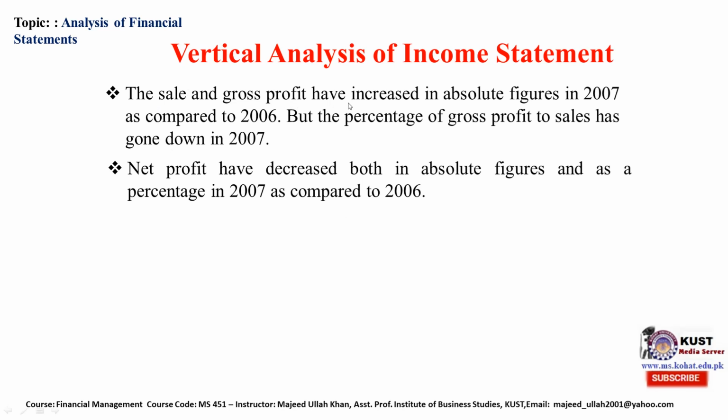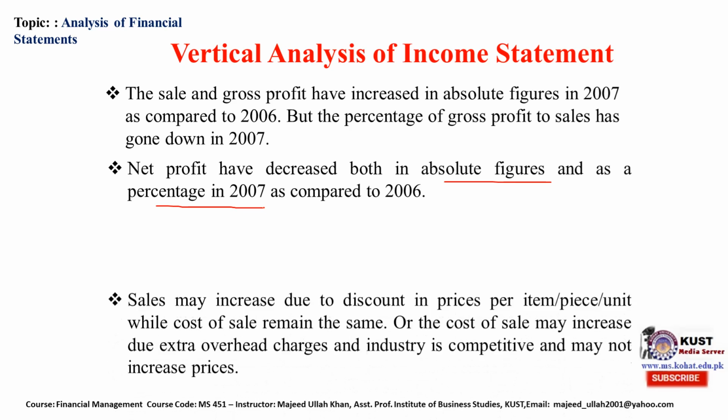Sale and gross profit have increased in absolute terms in 2007 as compared to 2006, but the percentage of gross profit to sale has gone down. Net profit has decreased both in absolute figure and as a percentage of total in 2007 as compared to 2006.